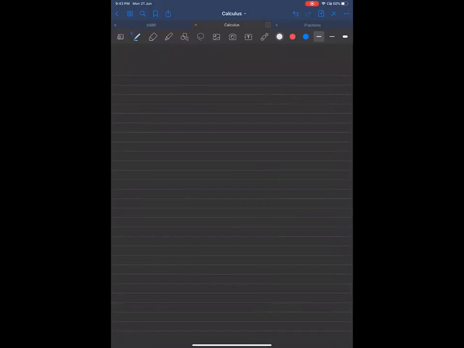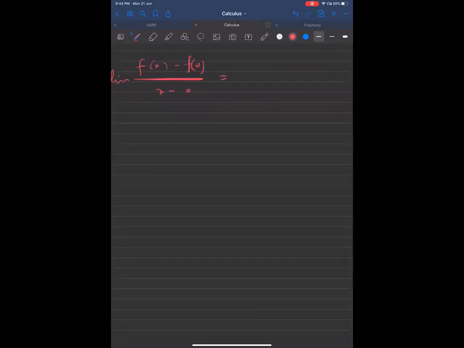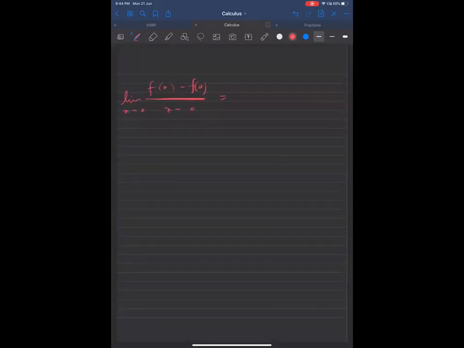So f of x minus f of 0 over x minus 0. The limit of this as x tends to 0 is f dash 0. This is the thing, right?